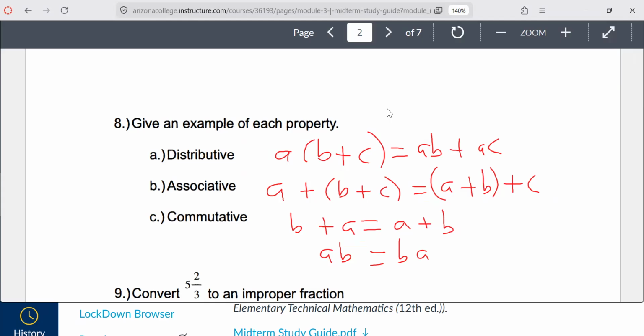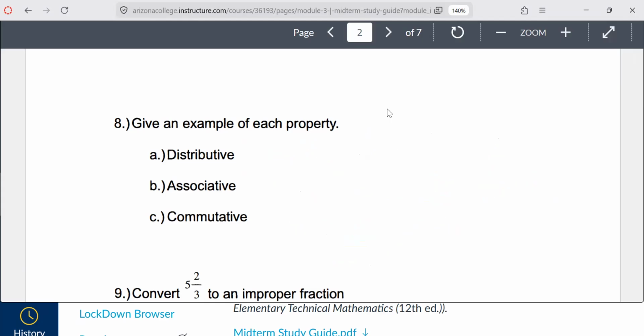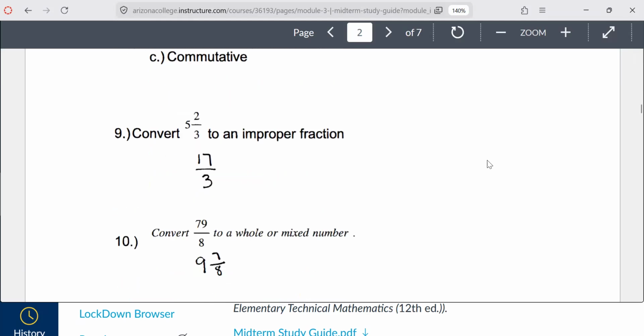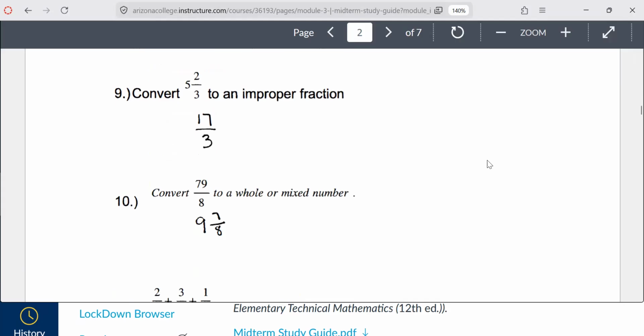Hey, let's keep going. So let's look at number 9 and 10. We are converting this mixed number to an improper fraction.